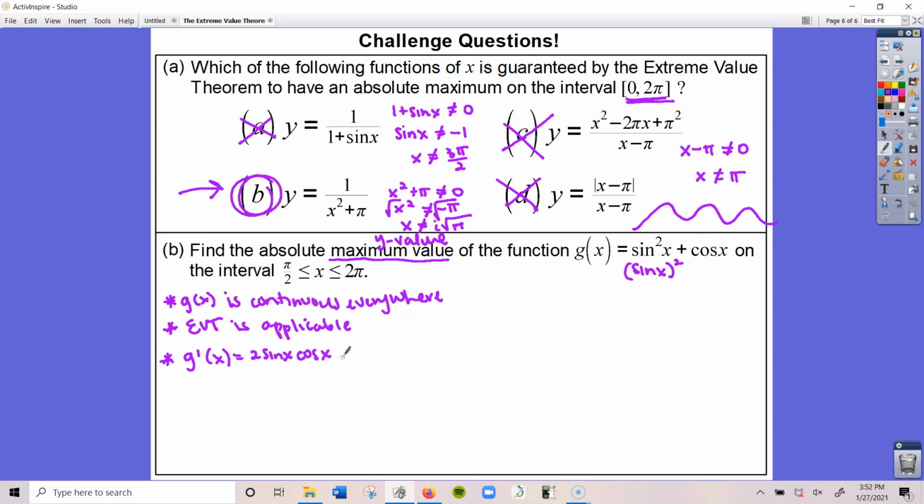And the derivative of cosine is negative sine. You make it equal to 0. And now we're going to solve. So both of these terms here have a sine in common, so we can factor out the sine x, and we're left with 2 cosine x minus 1. We set each factor equal to 0.